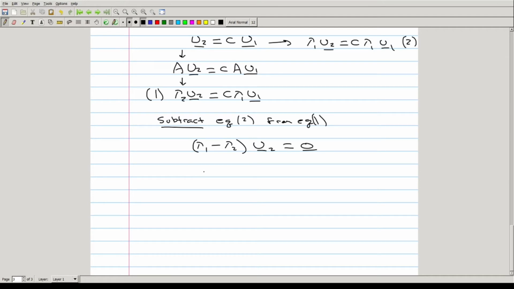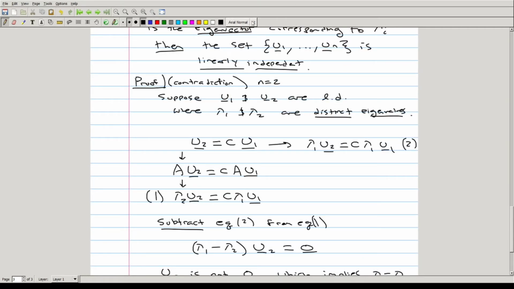And since u2 is an eigenvector, u2 is not the zero vector, which implies that lambda 1 is equal to lambda 2, which is a contradiction. We're contradicting our assumption that lambda 1 and lambda 2 are both distinct eigenvalues.